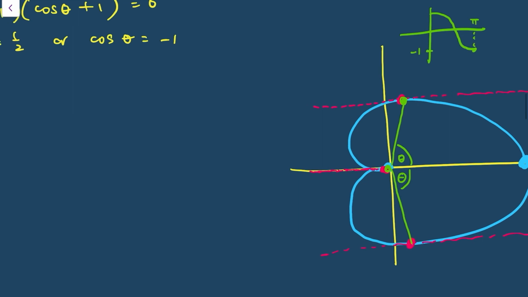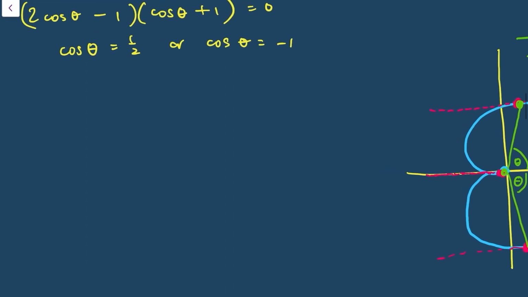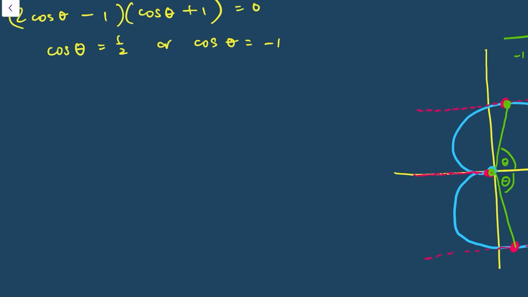It is at pi. So I can then work out my solutions here, and I will see that I have theta equaling plus minus pi by 3 and theta equaling pi.